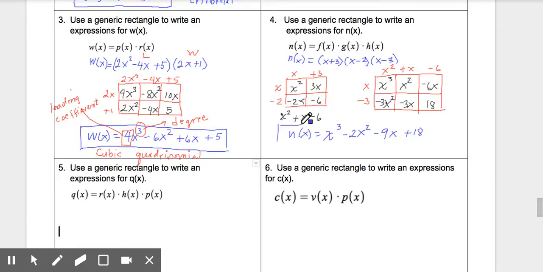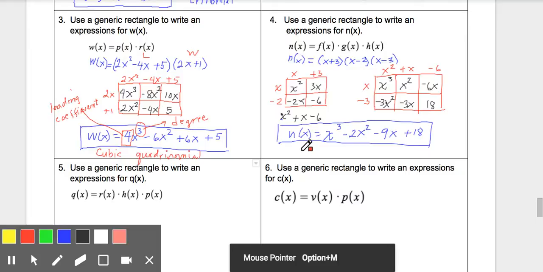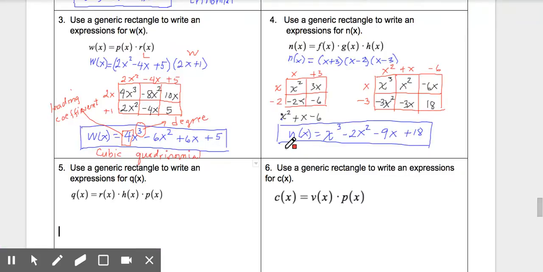So this is our function n of x. Now there are 1, 2, 3, 4 terms. So this is another cubic quadrinomial, or third degree quadrinomial. The leading coefficient is 1, and this is the degree.